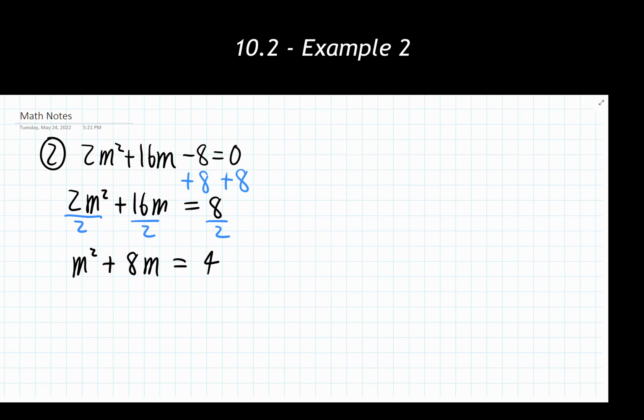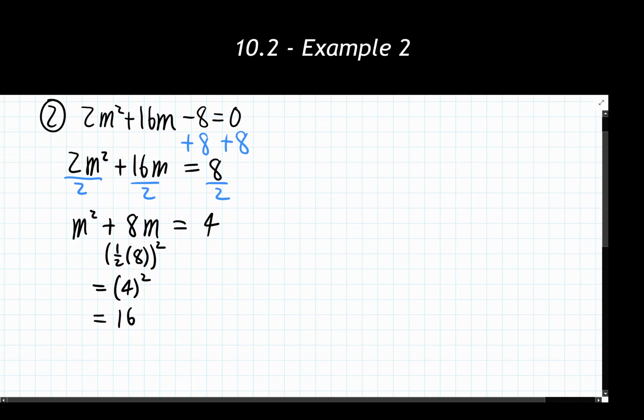Our next step, from the variable terms, we take half the b value and we square that, and then we add that to both sides of the equation. So my b value here is this positive 8, and like we did with the previous problem, I would recommend writing out for yourself the number and the sign. So I'm taking half of 8, that's going to give me a positive 4, that's going to be squared. 4 squared is 16, and that's what I'm going to be adding to both sides of this equation.